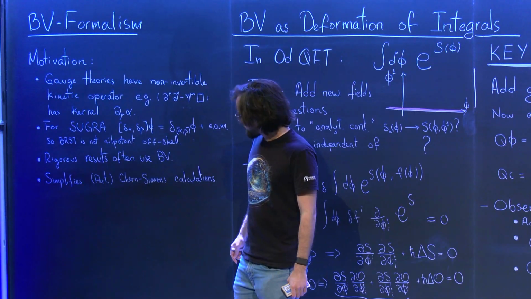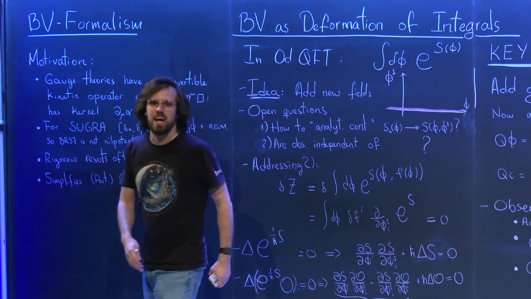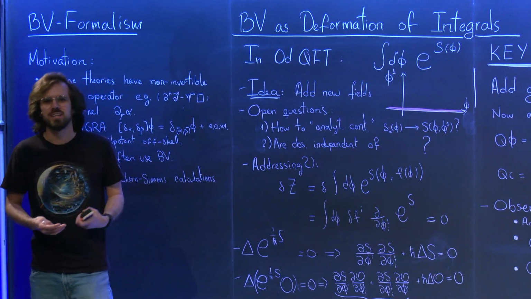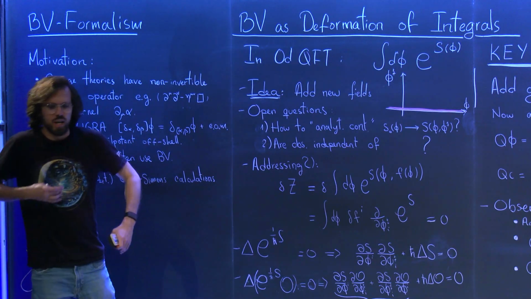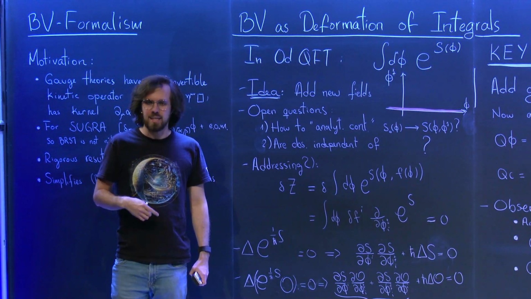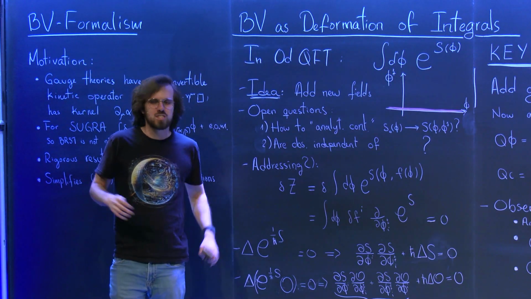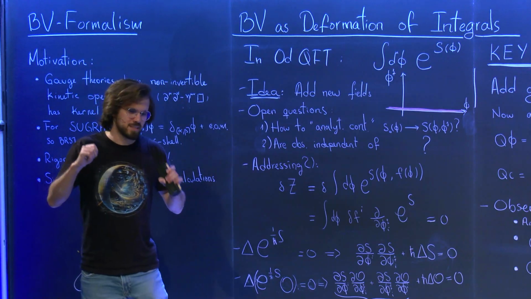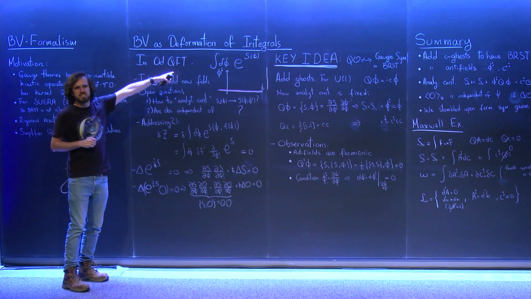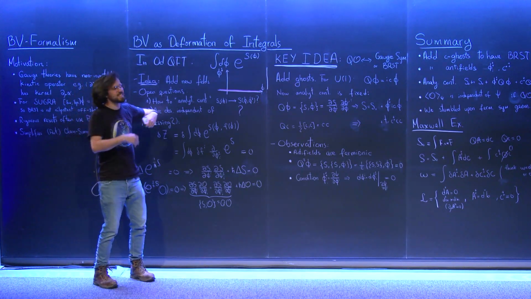But again, having introduced some of the motivation, maybe we can go on to imagine how one would even come up with the idea of the BV formalism, starting with the simplest QFTs possible, aka zero-dimensional QFTs, also known as integrals.